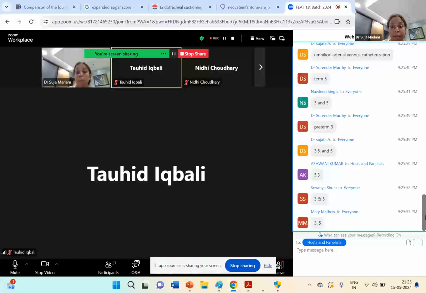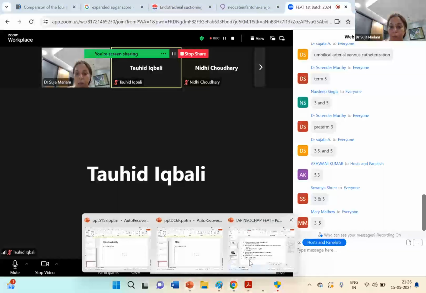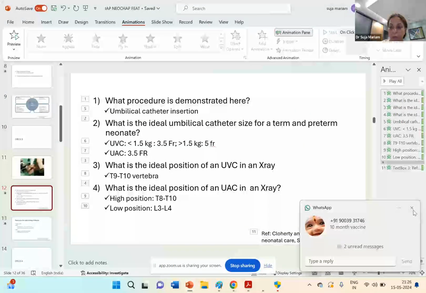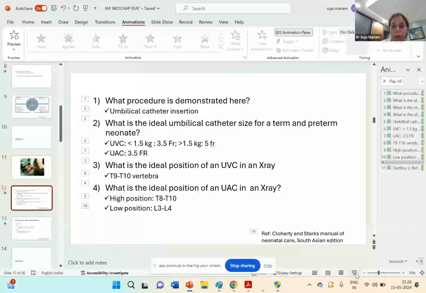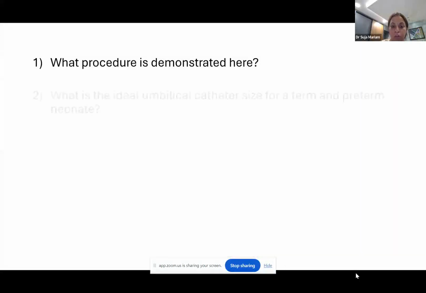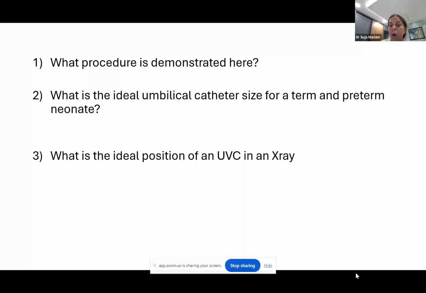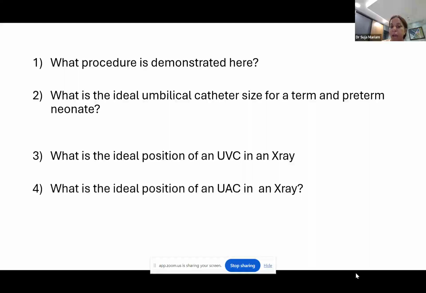That is correct. But any weight cutoff? Okay, let's go to the next question also before we go into the answers. What is the ideal position of an UVC in an X-ray? And the last question is what is the ideal position for an UAC in an X-ray, umbilical artery catheter in an X-ray?